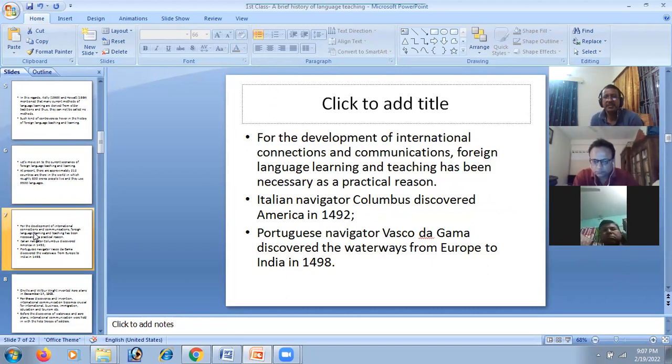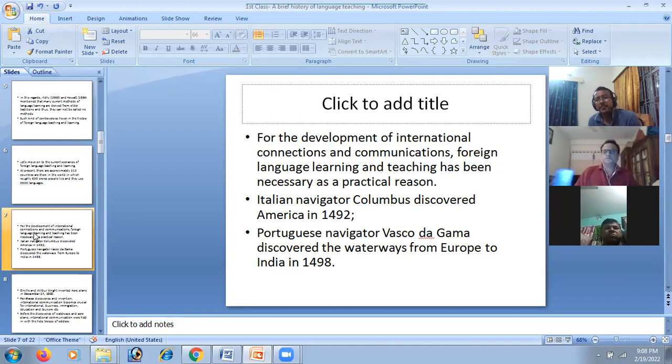Nowadays, if anybody says I don't know computers, I don't have any computer literacy, we would say that it is technological knowledge you can't go without. In the same way, foreign language learning is a practical and technological knowledge, and you can't go without the knowledge of foreign languages, at least more than two languages.